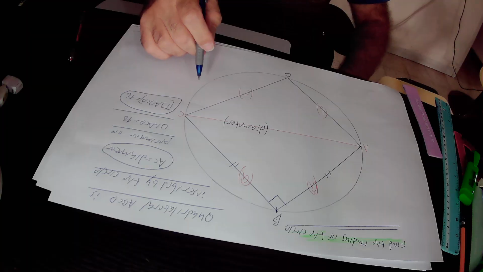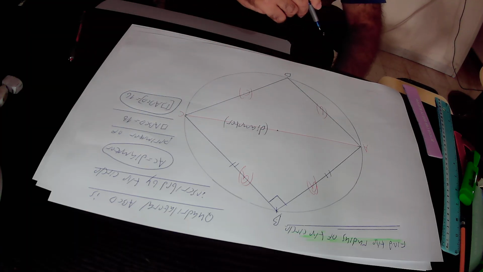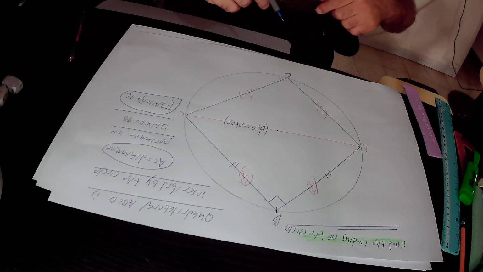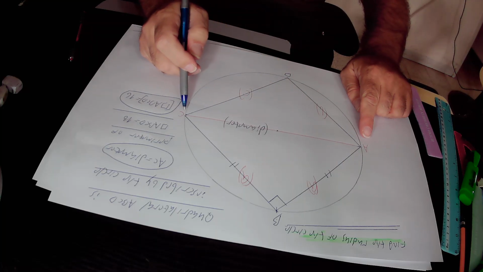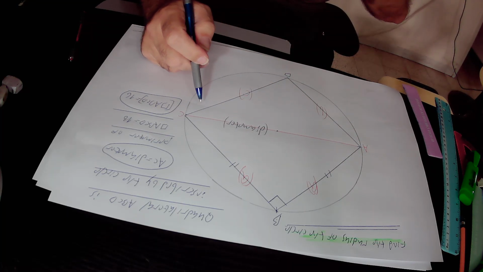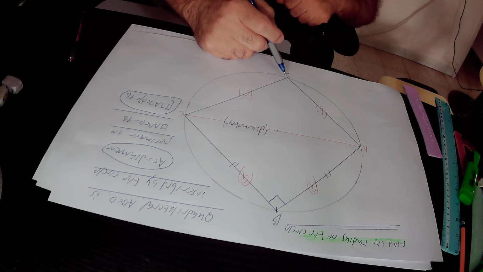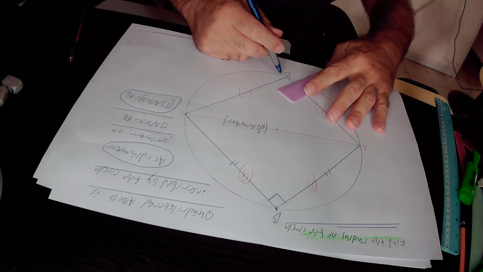Likewise, this is peripheral angle CDA or ADC that subtends the same chord AC, that is the diameter of this circle, and therefore according to rule 7, it must be equal to 90 degrees.